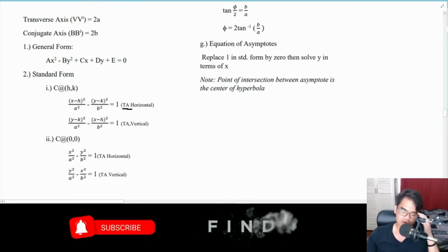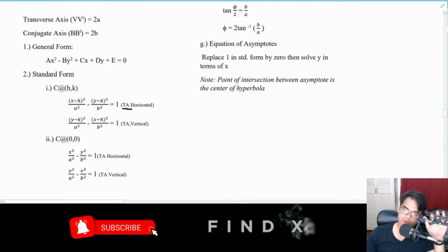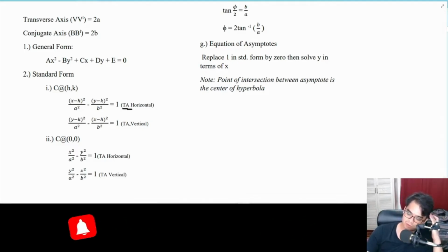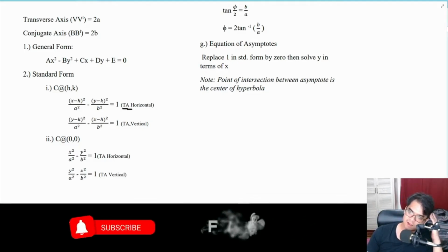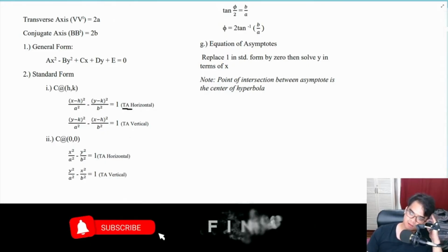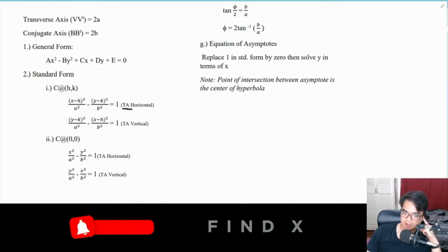So recalling the ellipse, the major axis, you can determine where the a squared will be. If the a squared is with x, therefore the major axis is horizontal, and if the a squared is with y, therefore the major axis is vertical.